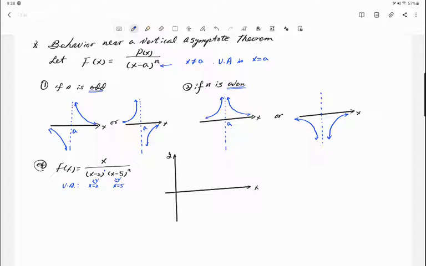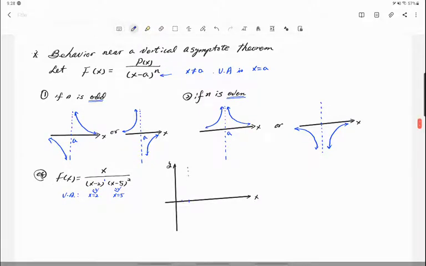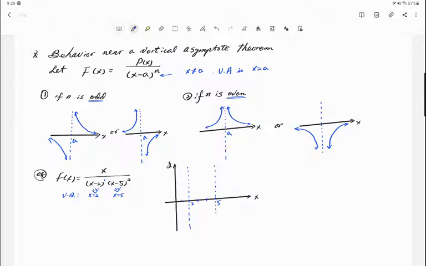So let me draw two vertical asymptotes. One goes at x equals 2, and another one goes at x equals 5. And since this is 1, when x equals 5, the exponent is 2. This is even, right?